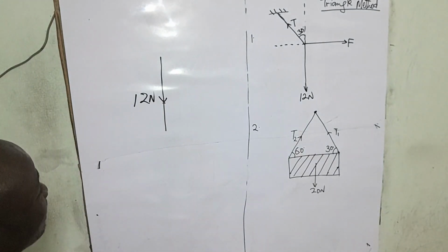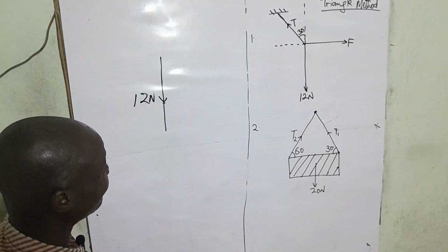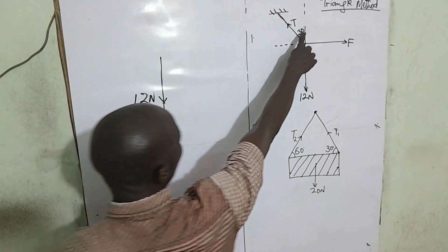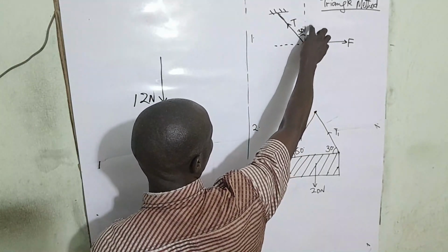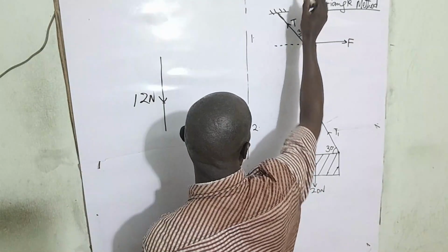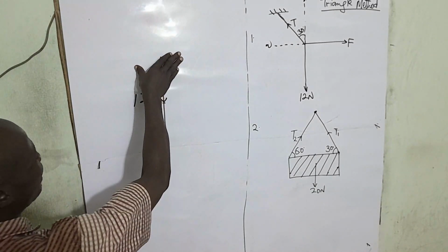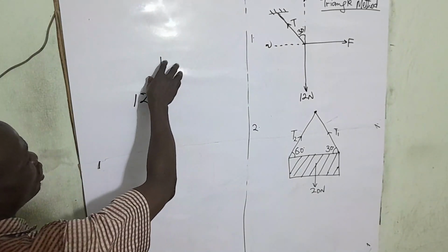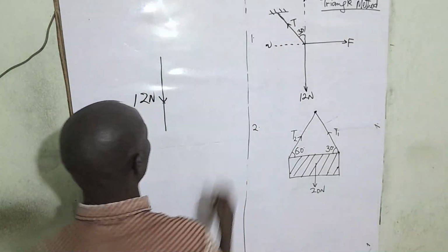In representing that, we can see that the vertical force is acting downward. And when we look at this point, we can see that the force here is between north and what? This is going to be our north, this is going to be our west. So how then do we relate it so that the T here will be between north and the west?